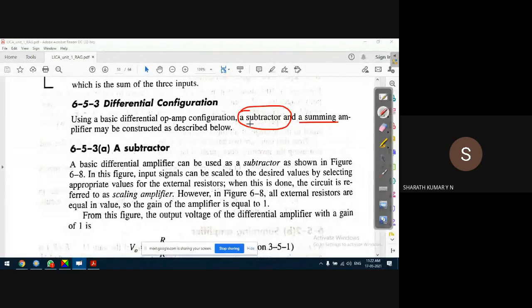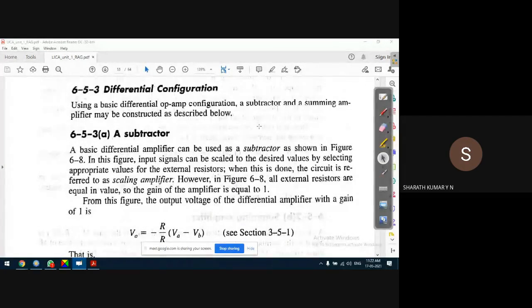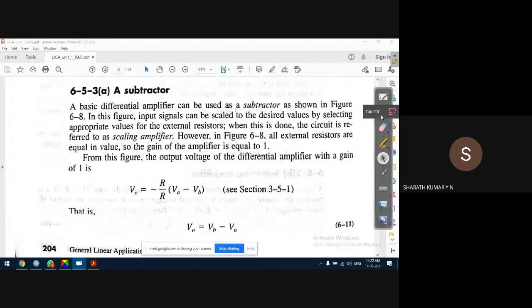The subtraction operation obtains the difference of the two voltages applied to the amplifier. The application can be when we want to monitor the difference between two voltages. Then we go for a differential amplifier, which is basically a summing amplifier, a subtractor.